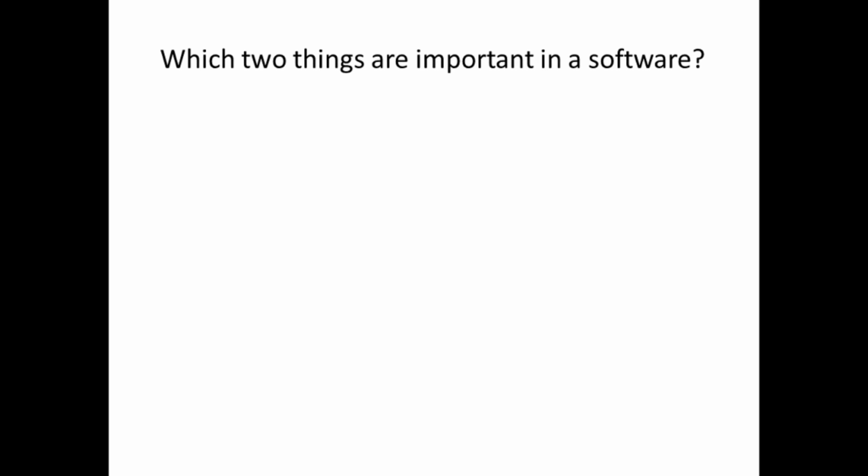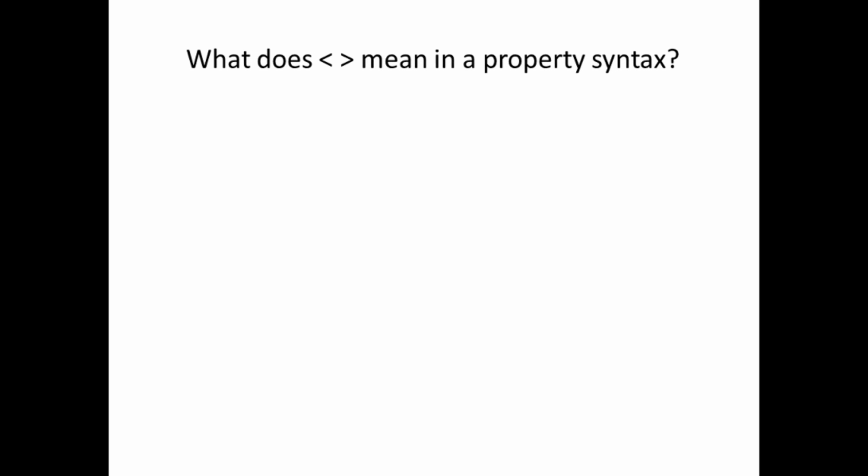Which two things are important in a software? So while designing a software, we should keep two things in mind. One is data and another is procedure. Procedure, or you can say function or method. Now in a syntax of property, what does triangular bracket mean?